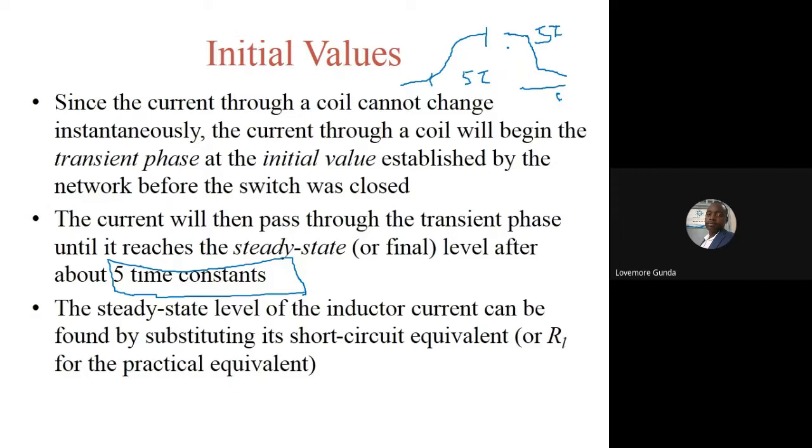That is very, very important to take note of. The steady state level of the inductor current can be found by substituting its short circuit equivalent, or RL, for practical equivalence.